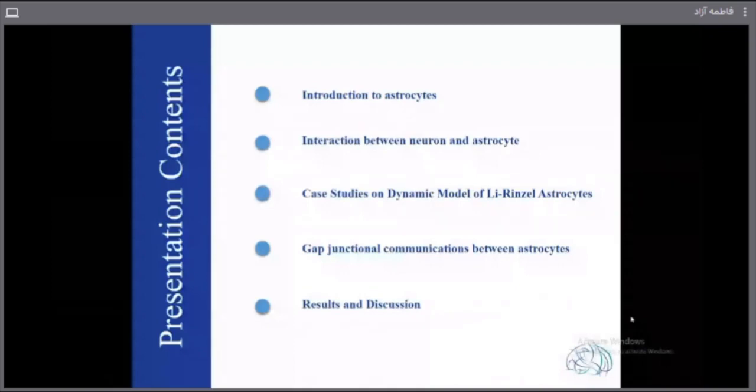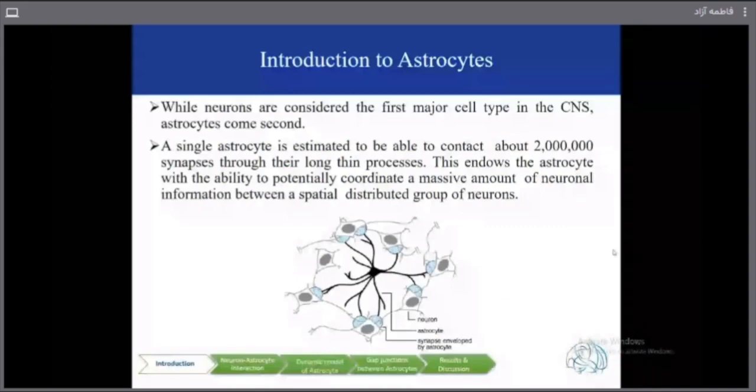As all of us know, neurons are the most important cells in our brain, the central nervous system. On the other hand, astrocytes, also known as astroglia, are star-shaped glial cells in our brain and spinal cord. In the human brain, a single astrocyte can interact with up to 2 million synapses at a time.